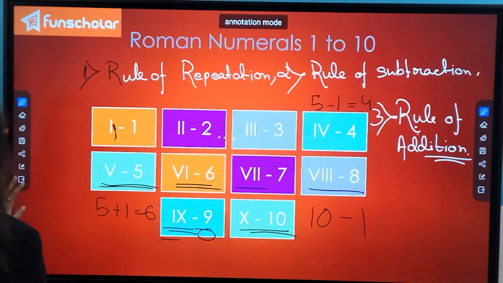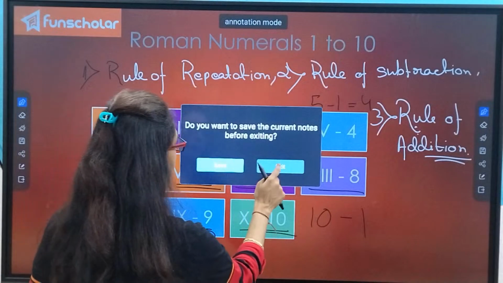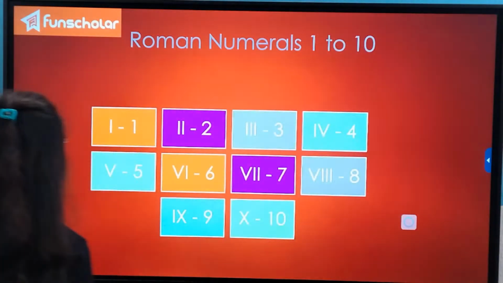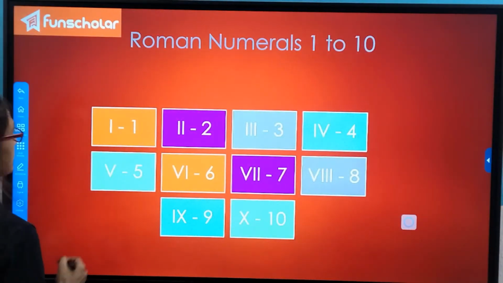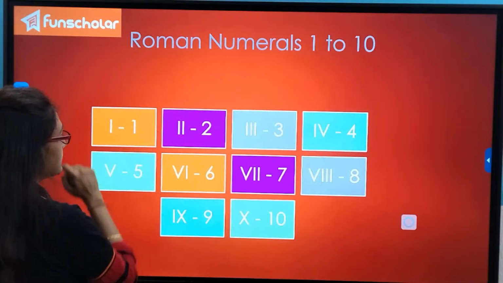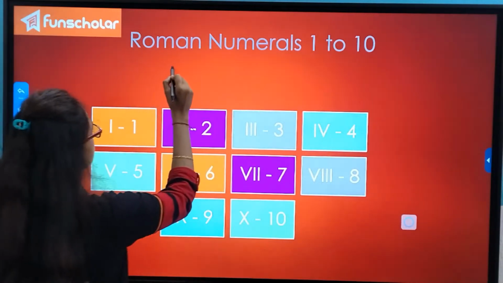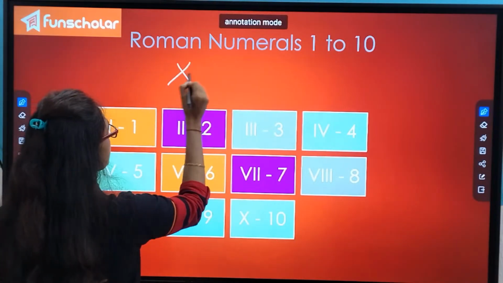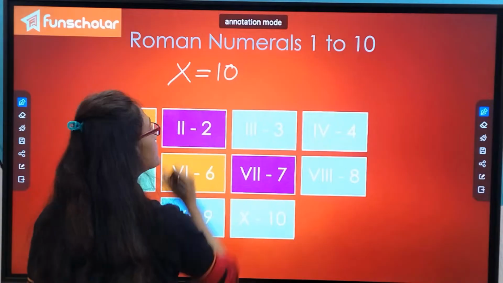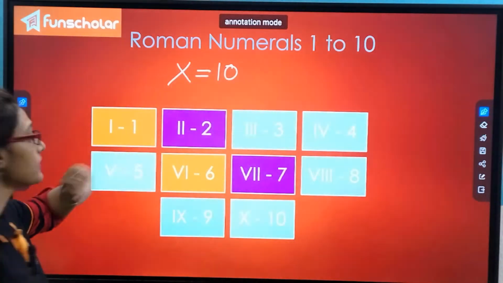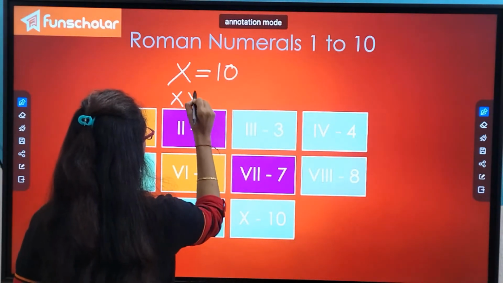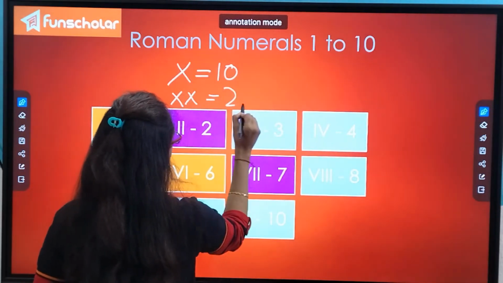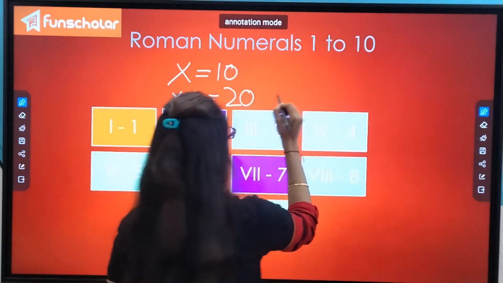So we have learned just now how to write up to 18, right? So how will you write 19? See, before writing 19, if X represents 10, then 2X will represent what? 2X will represent 20. Why?